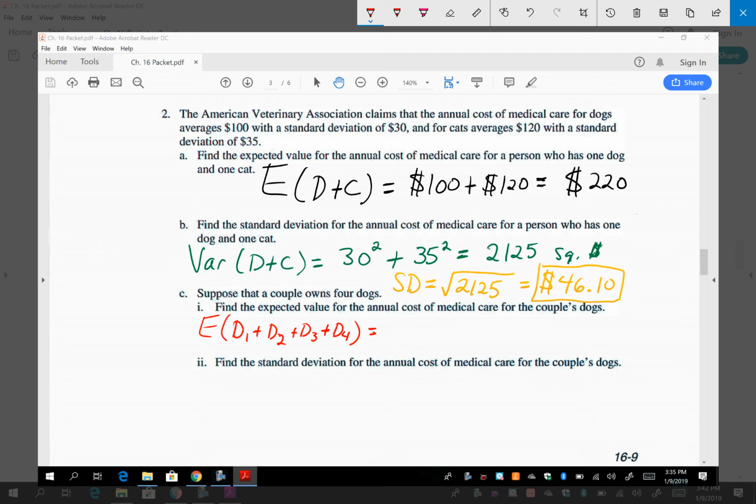So how much money are we expecting on an annual basis for this couple to spend for these 4 dogs on health care, like going to the vet? $400 is right. 100 plus 100 plus 100 plus 100. Everybody good? You got it.